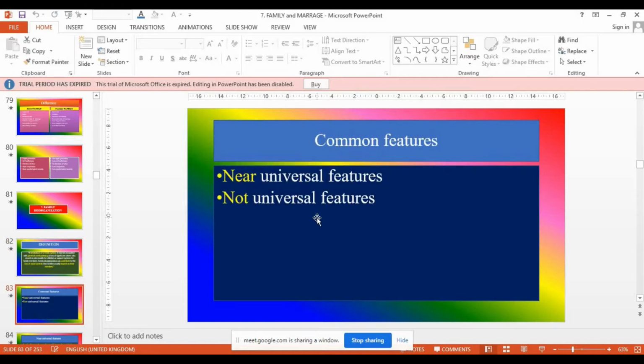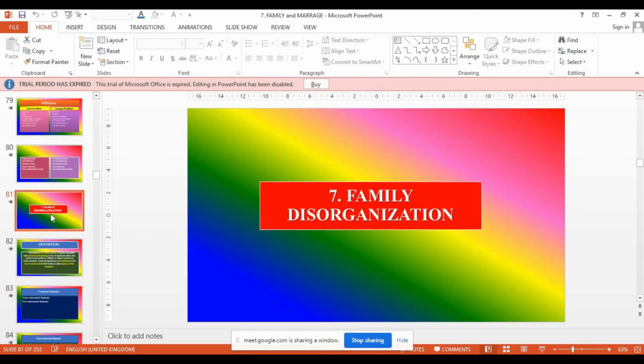Next, common features of family disorganization. First, we need to think generally. Family organization means normal behavior or normal relationship between family members.